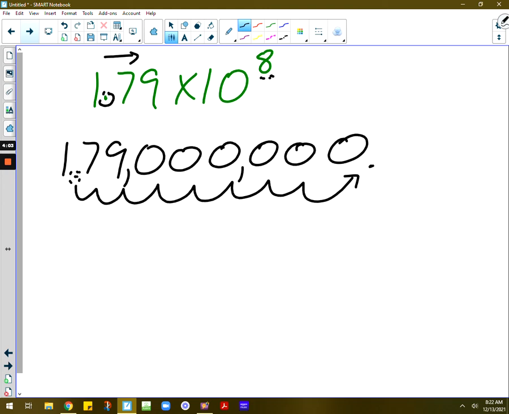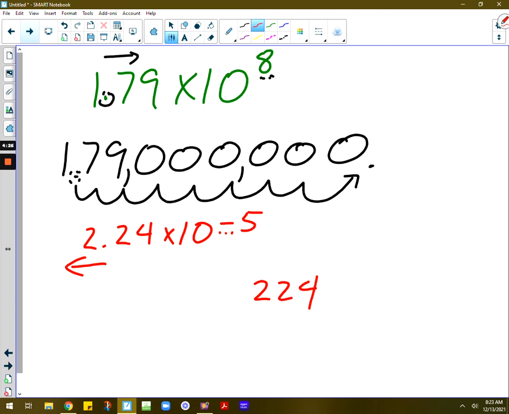Okay. Same thing if it's a negative. If it's like 2.24 times 10 to the minus 5, then since this is negative, I know that the decimal is going to be moving that way. So I start with my 224, and I'm going to put zeros out in front of it.